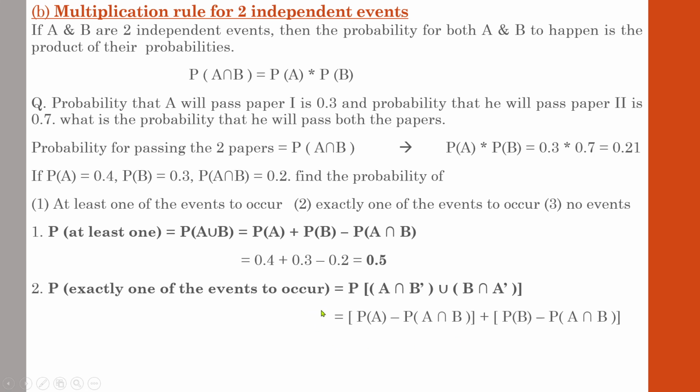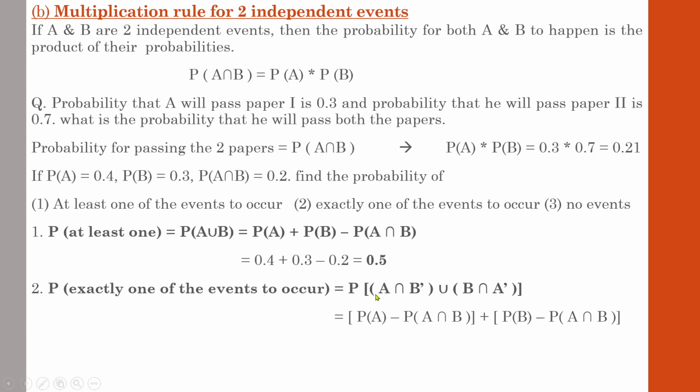So it is like this: A intersection B dash is represented by P of A minus P of A intersection B, and B intersection A dash means P of B minus P of A intersection B. Remember, here there is one union. I have mentioned that when union comes, that means or, and or means plus sign. Remember that.